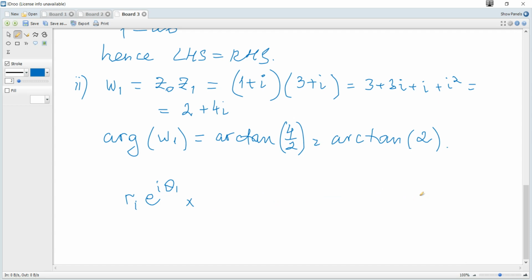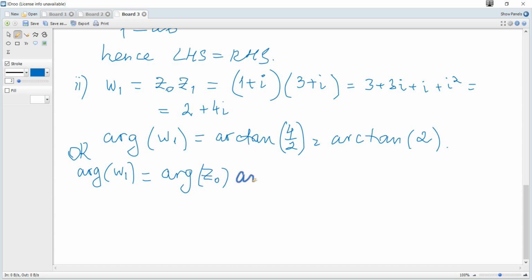So we can say that the argument of w_1 is the argument of z_0 plus the argument of z_1, and the argument of z_0 is 45 degrees, or arctangent of 1, plus arctangent of what? 3 plus i, it's 1/3.